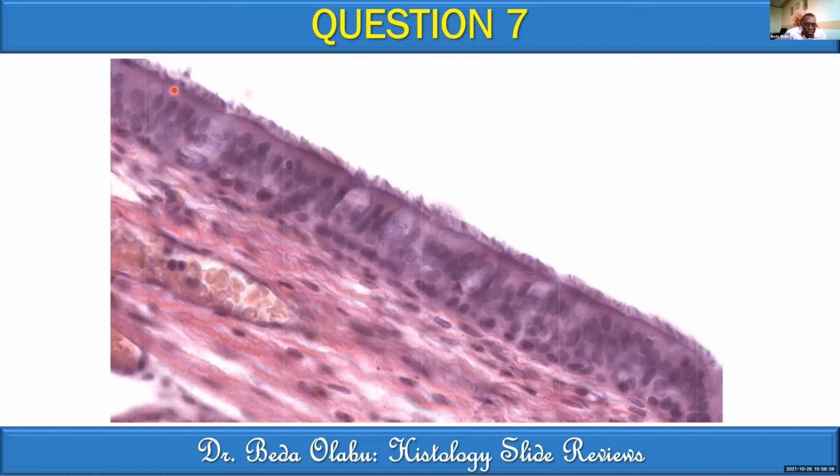We can see the apical zone is relatively devoid of the nuclear layers, and we can see that we have the goblet cells here. So pseudostratified columnar, ciliated epithelium with goblet cells. This is respiratory epithelium.